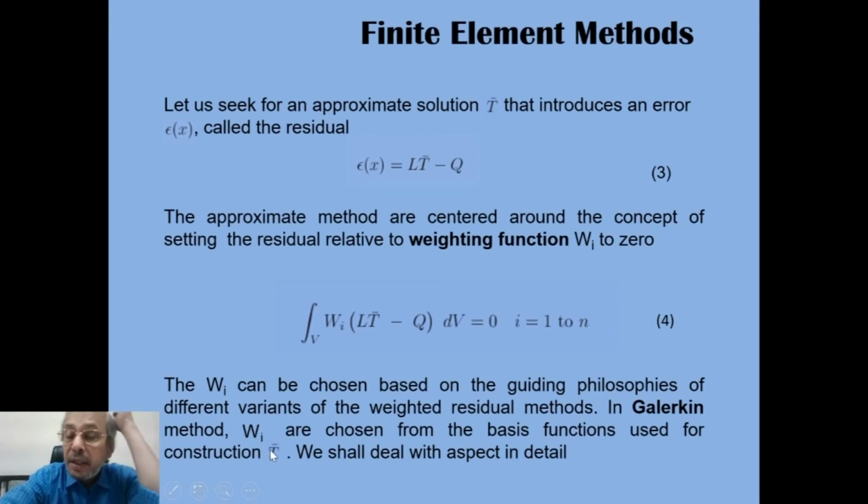So we have already been acquainted with the shape function or basis function, and for this method Wi will act in such a way that this integral will produce 0.